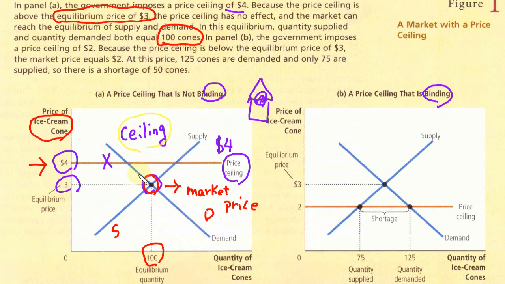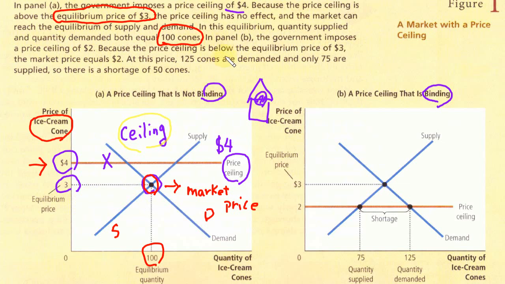So in this circumstance, where equilibrium is reached at $3, the corresponding quantity of ice cream cones is 100. So the quantity supplied and demanded is 100, and the corresponding price is $3.